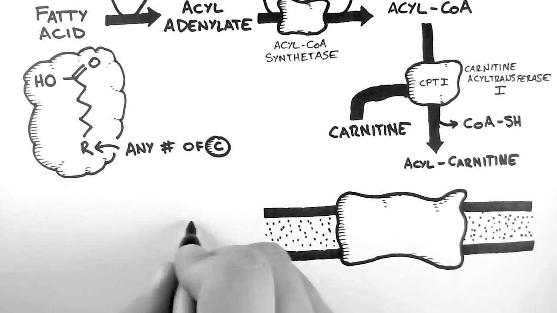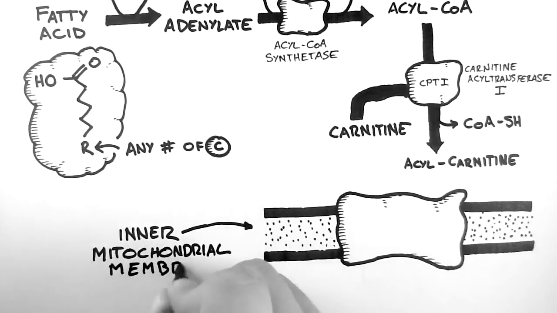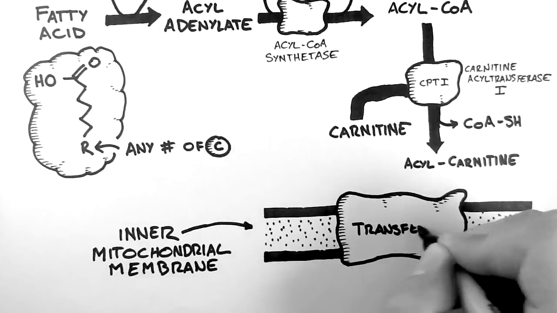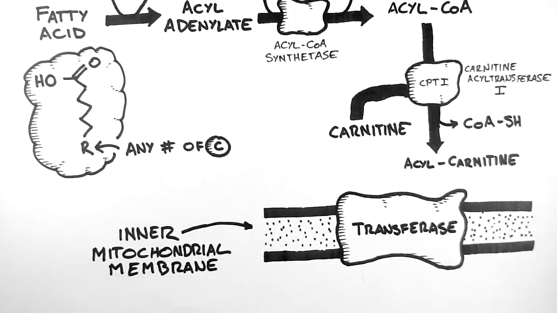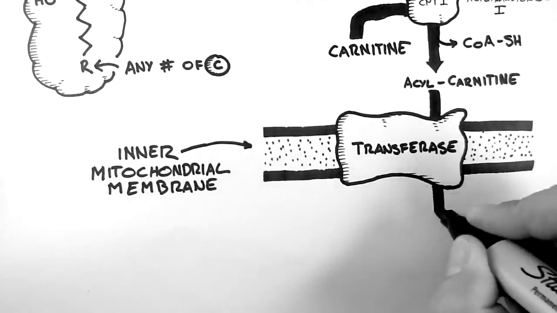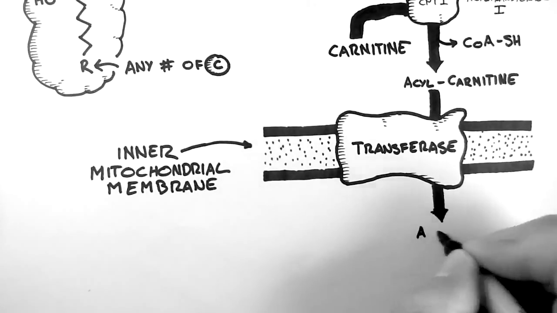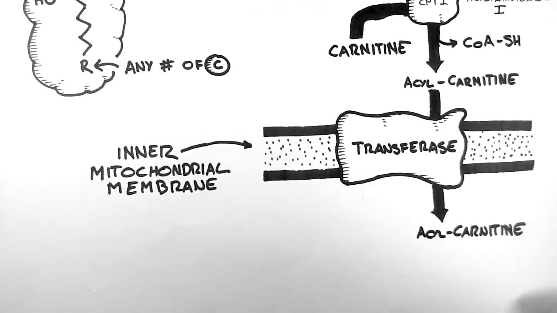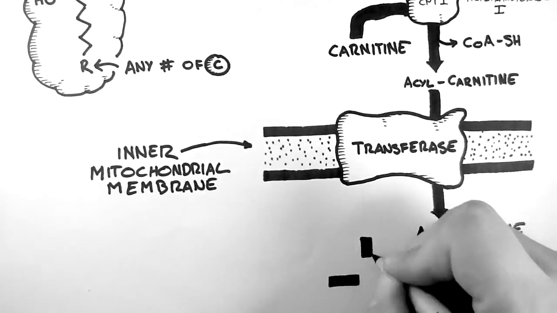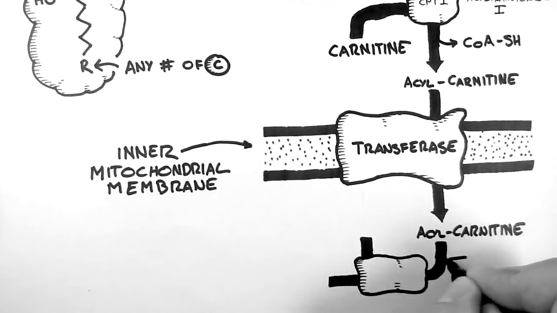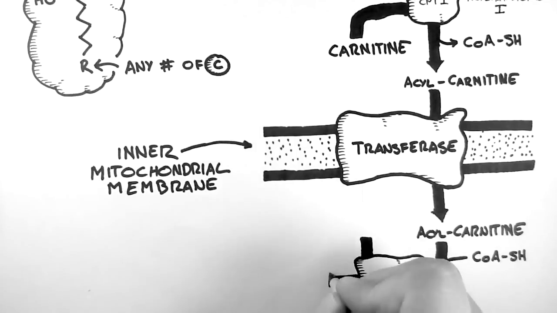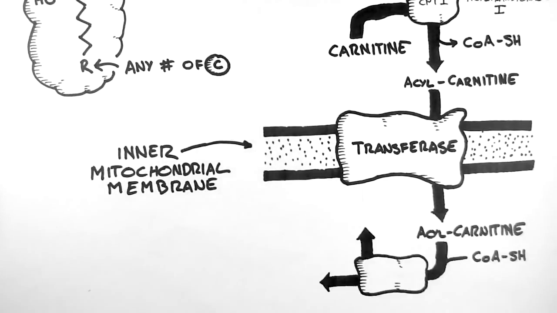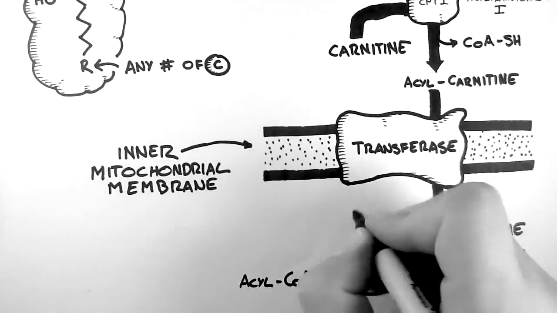Now here we have the inner mitochondrial membrane, and stuck in it is this transferase protein, which allows the acylcarnitine to pass through. This now means the acylcarnitine is within the inner mitochondrial membrane. A coenzyme A molecule now gets reattached and the carnitine pulled off, and this recreates our acyl-CoA.